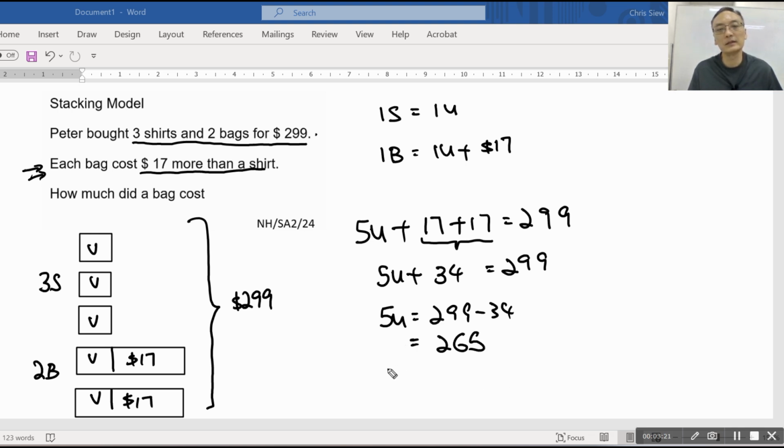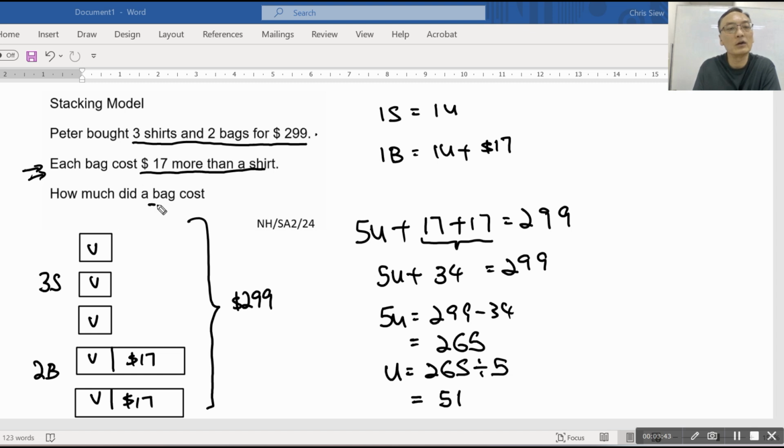Next, we will find the value of 1 unit. So if 5 units is equal to 265, we will take 265, then we divide by 5, and we will arrive at 51. So now we know that 1 unit is 51.